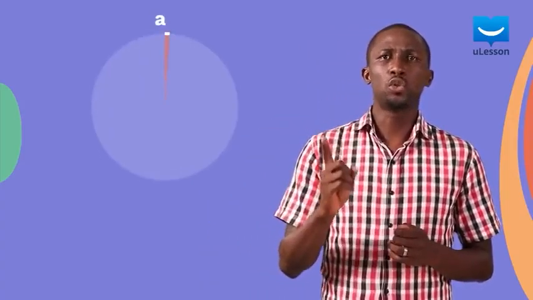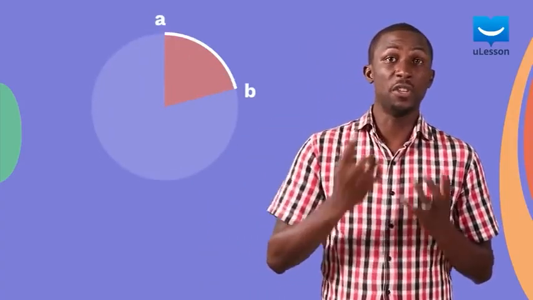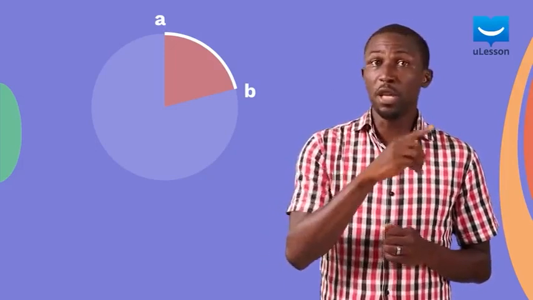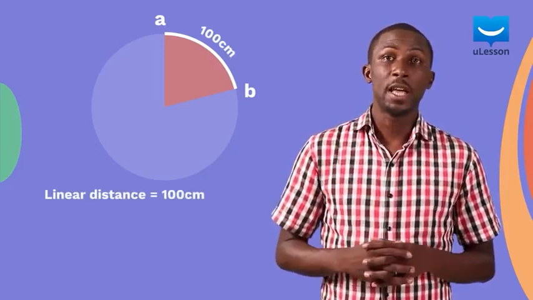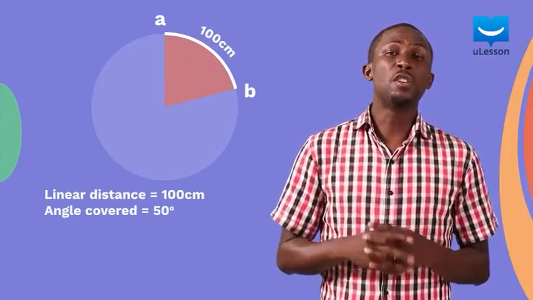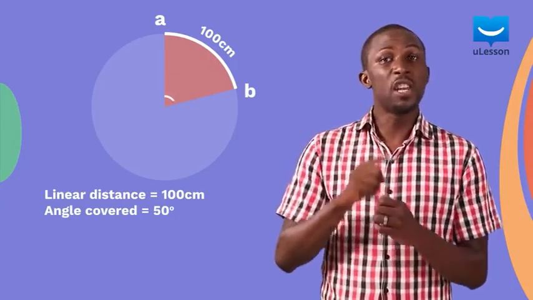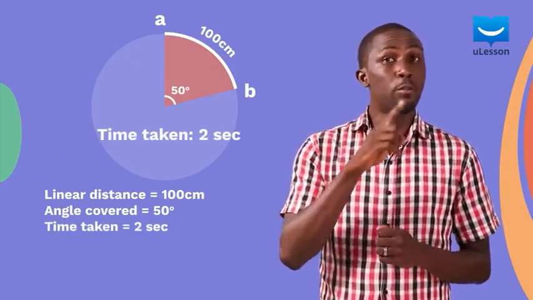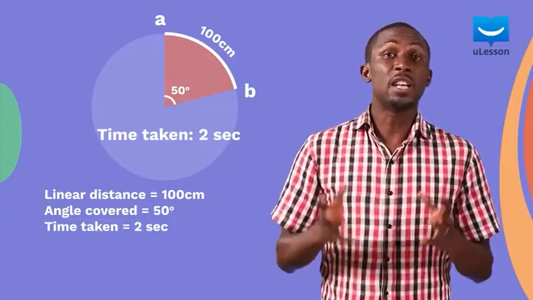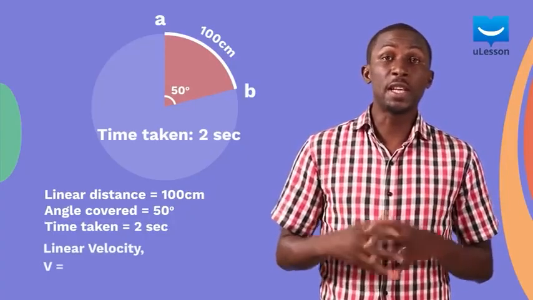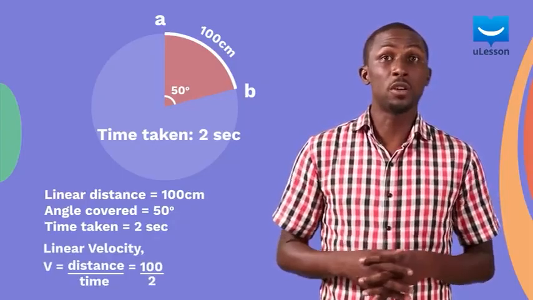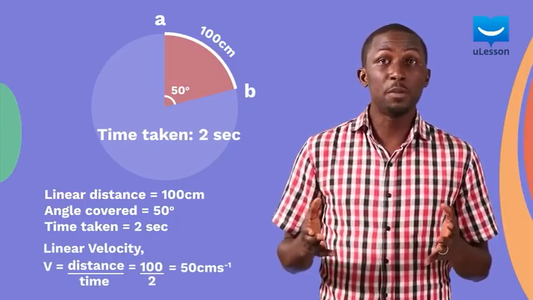Let's assume here that the stone travels from a point, say A, to a point B along the circumference of the circle. Now, if we measure this distance from A to B, and it is about 100 centimeters, and the total angle it covers while it moves from point A to point B is 50 degrees, and it takes about 2 seconds, then the velocity of this stone will be the distance, 100 centimeters, divided by the time, 2 seconds, and that gives us 50 centimeters per second.